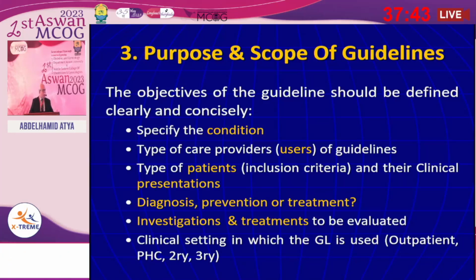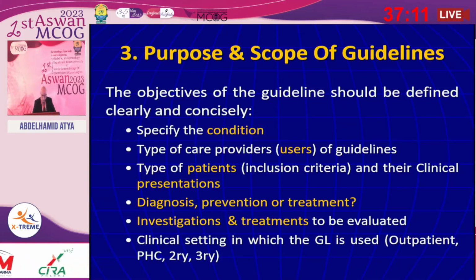Are we going to put a guideline for diagnosis, or prevention, or treatment, or all of this? What are the different investigation modalities that may play a role in this condition? What are the different treatment modalities that we need to find an evidence for? What is the clinical setting in which we are going to use or to apply this guideline? Is it a primary health care center, secondary health care establishment, or a tertiary health care establishment, or all of this?